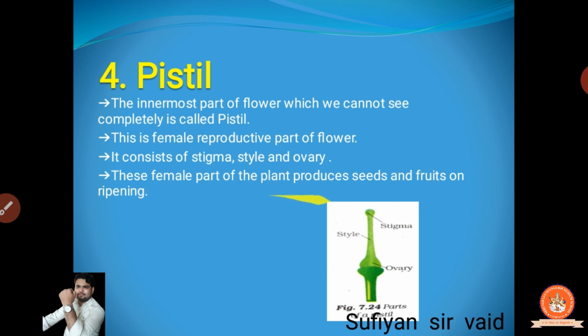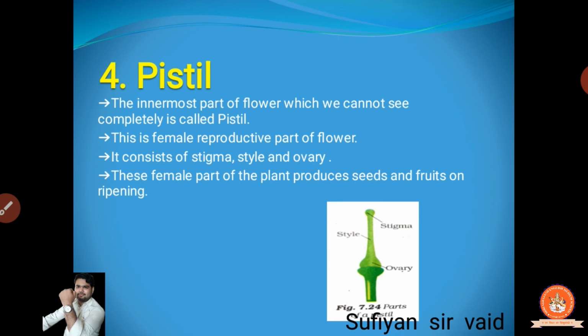This female part of the plant produces seeds and fruits on ripening. Clear? So when the male and female reproductive systems meet, they produce the seeds and the fruits. From the fruits and seeds we get different plants of the same type.